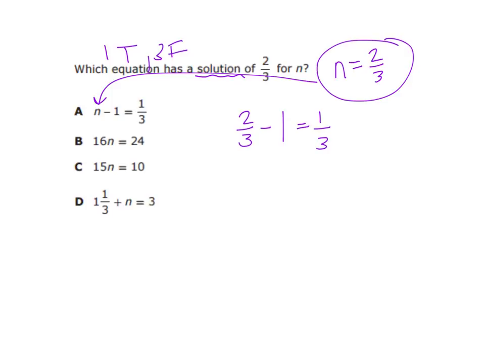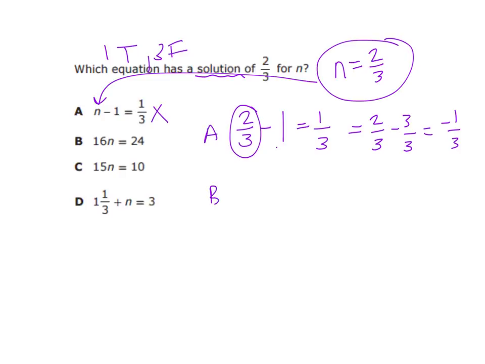Hopefully you can already see that this one's not going to be true, because if I'm taking 1 away from it, I would have to change this to be 3/3, and then I would get a negative 1/3 here, because I don't even have a full amount here. I just have 2/3, and I'm taking a whole piece away from it. So that one is not correct. So now this was A.